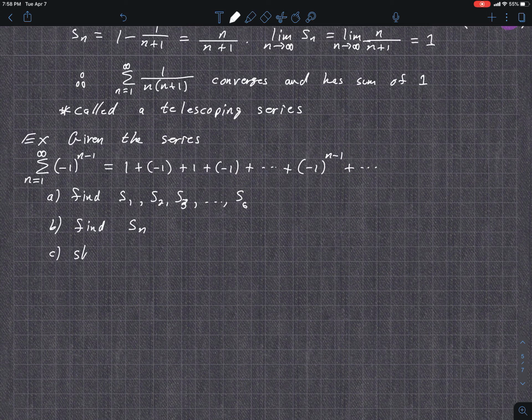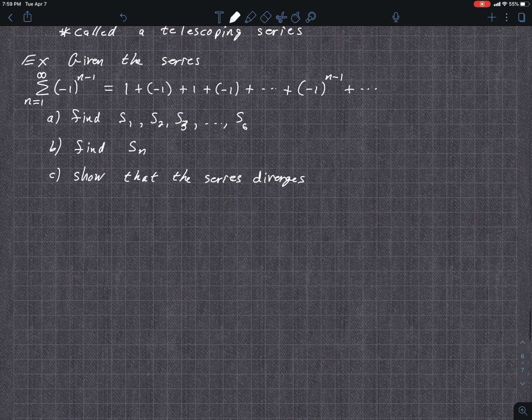Well, maybe I'll show them all to you. B, we're going to find S sub n. And then C, do you think this type of series converges or diverges? We're going to show that the series diverges.